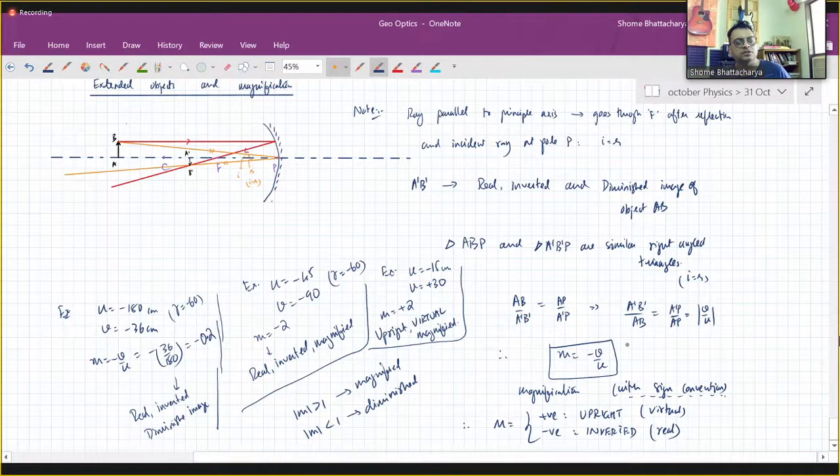Whereas mod of m tells you whether the size is greater or smaller, but the algebraic sign being plus or negative tells you whether it is upright or inverted. So always real is inverted and virtual is upright. That is the idea. Yes, understood this now.